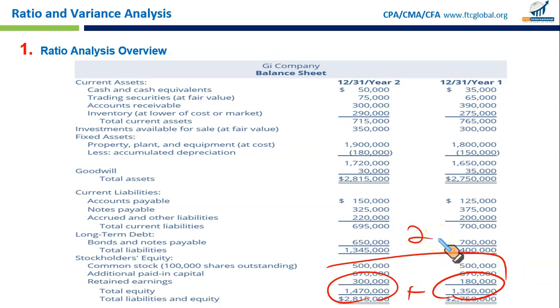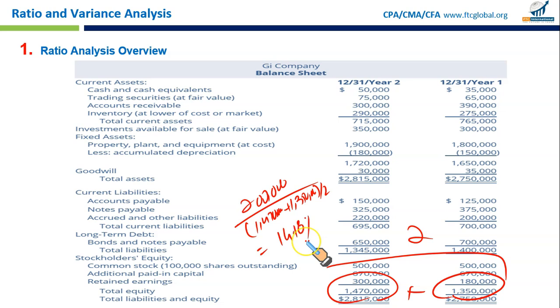So we have our net income, $200,000, divided by the average of these two, 1.47 million plus 1.35 million divided by 2. The answer is 14.18%. So your return on equity is 14.18%. Is it good or bad? Again, we need to see last year's numbers, compare it with the competitor or the industry average.